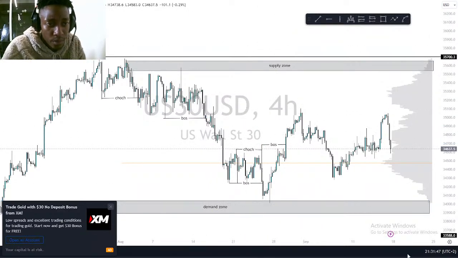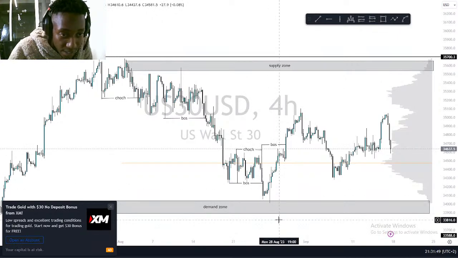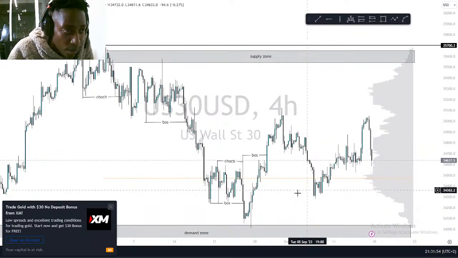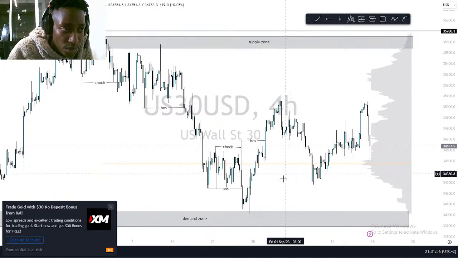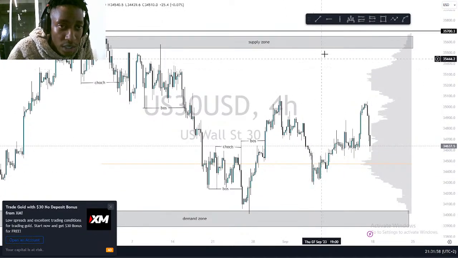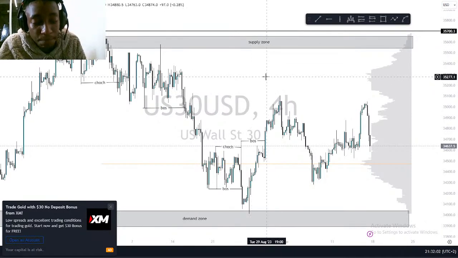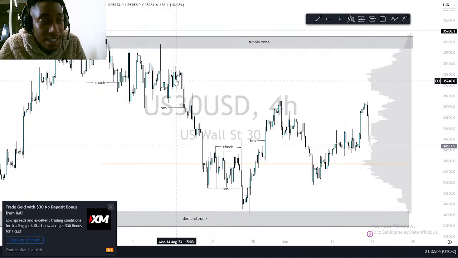So we can see that the market is giving us some sort of a pattern like this, you understand? And now we have to search for an untested supply zone.